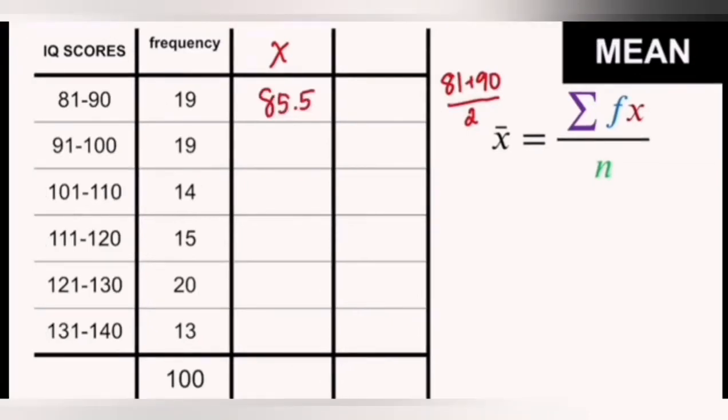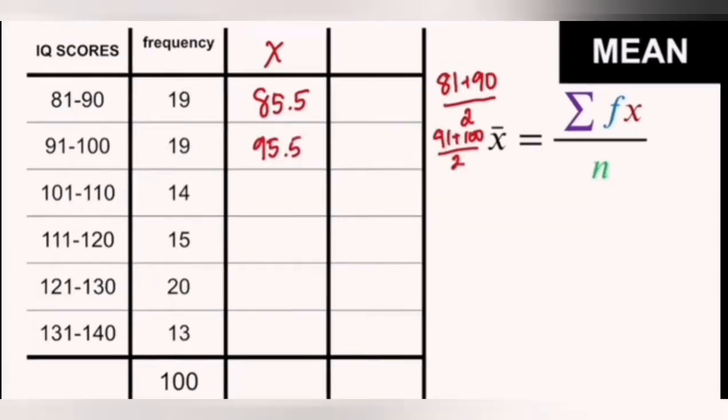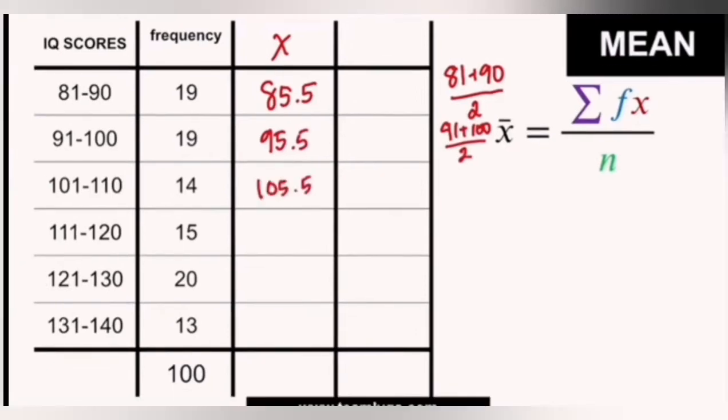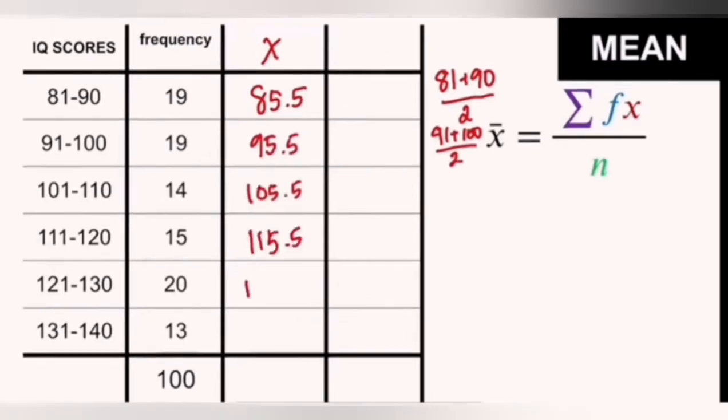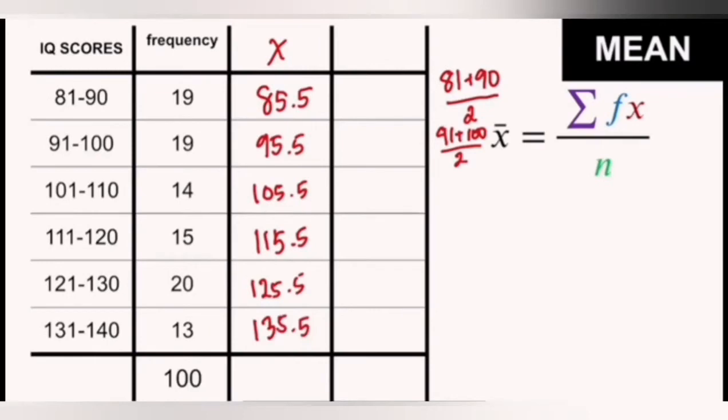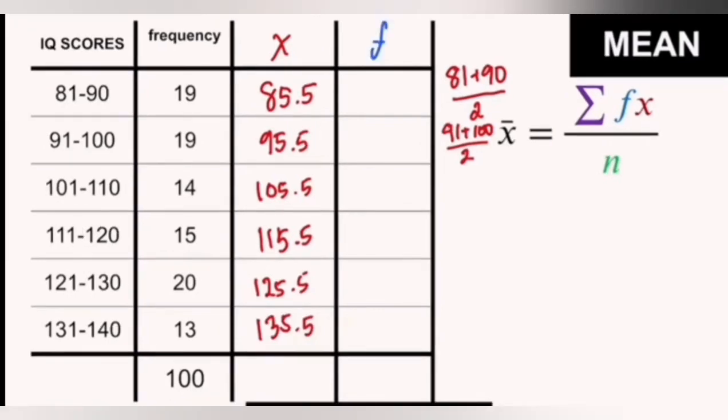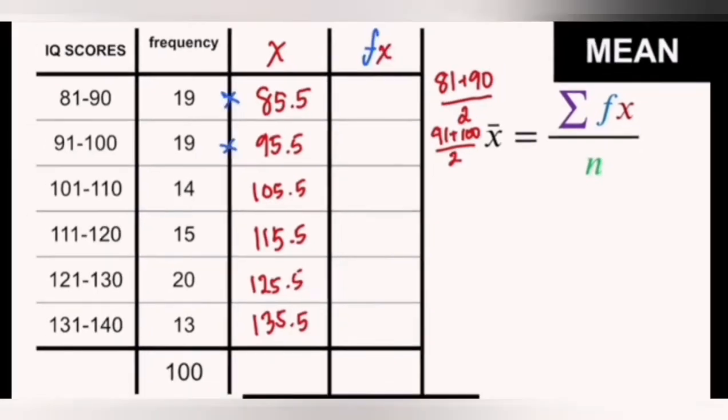For our example, the midpoint for the IQ scores 81 to 90 is 85.5. These midpoints must then be multiplied by the frequencies of the corresponding classes.